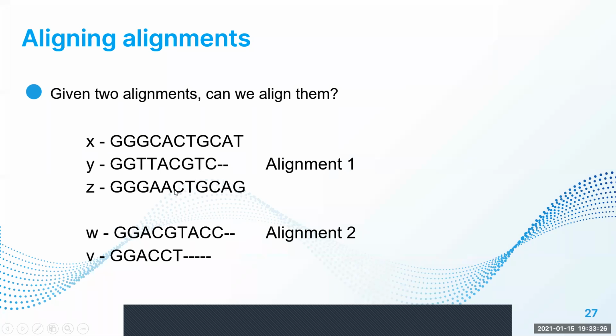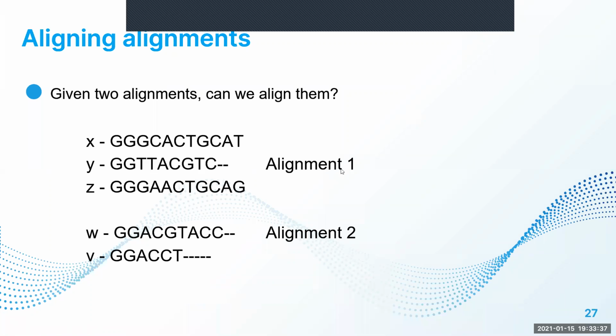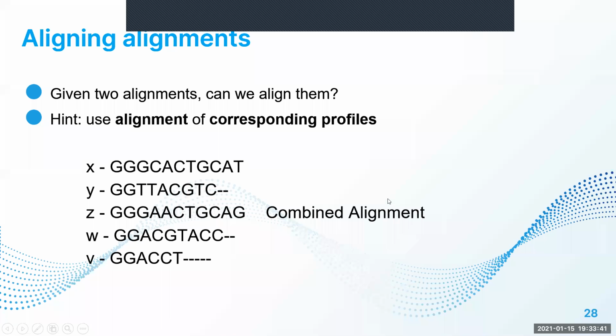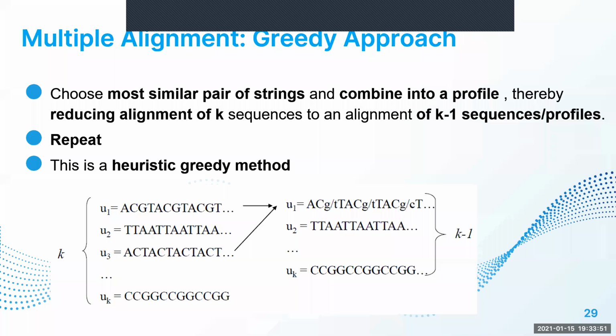You have three sequences in this alignment and 2 sequences in this alignment. If you want to align these 2 alignments, you can simply combine these alignments and make the profile. You can generate those probability values.